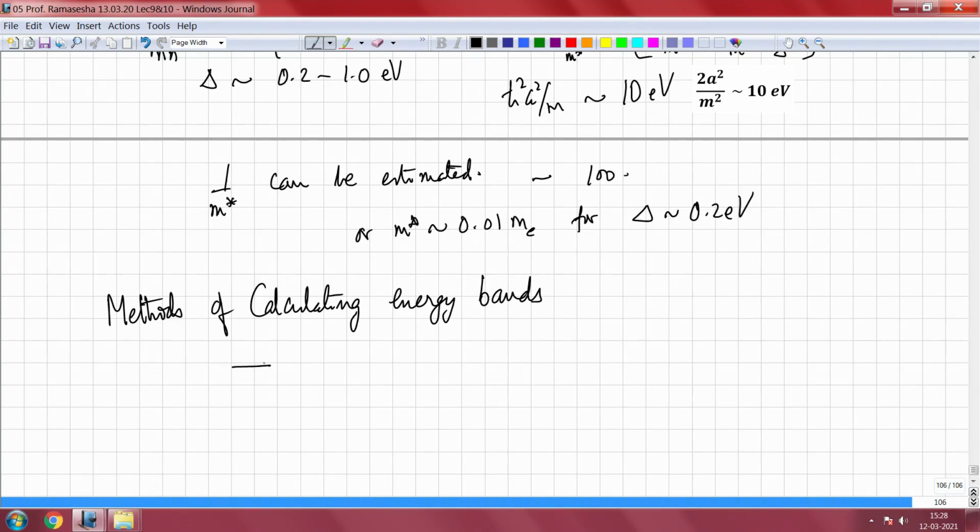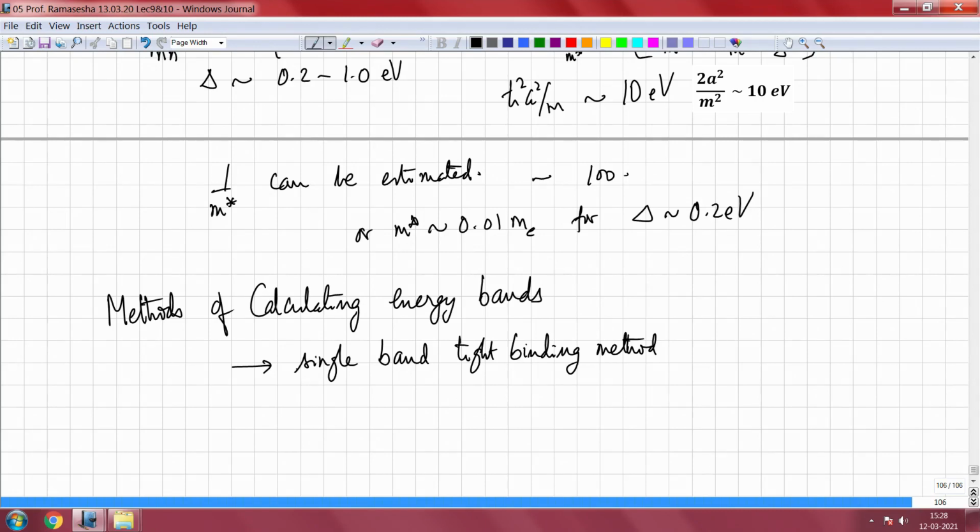One of them is the single band tight binding method, that is what we started with in this course, where we studied 1s orbitals of hydrogen atoms coming together and overlapping to give you a band, and how one can get the dispersion of this single band tight binding model.